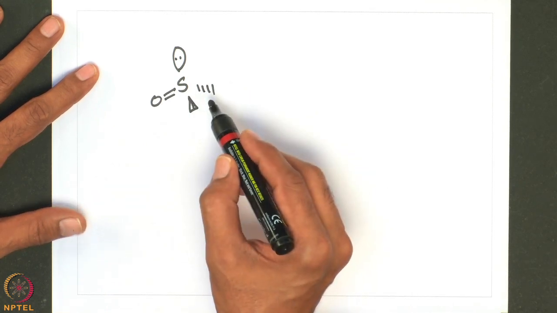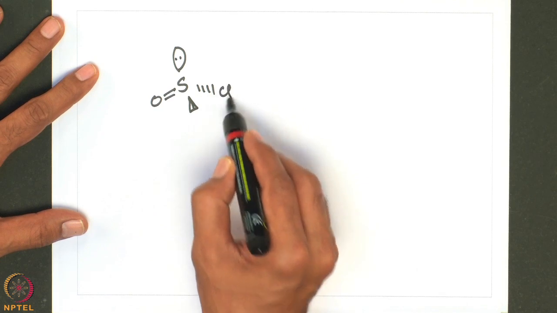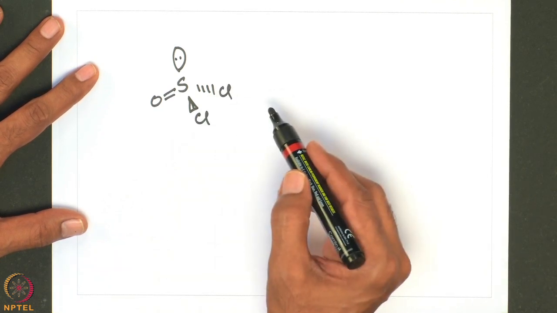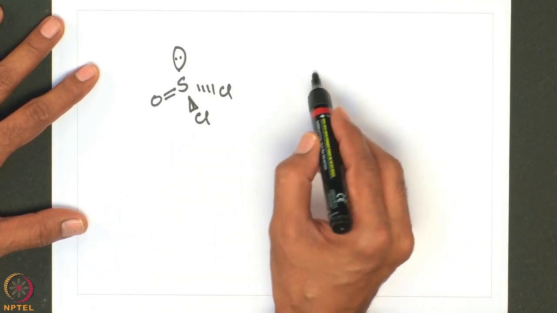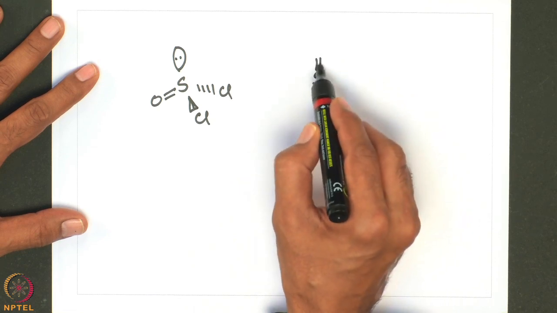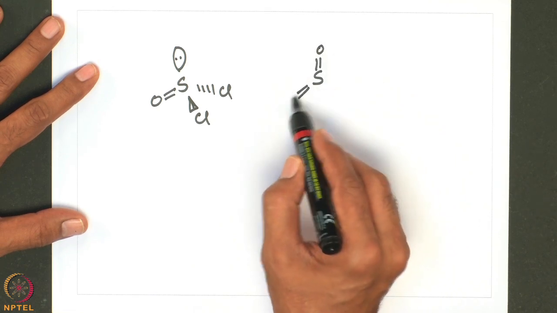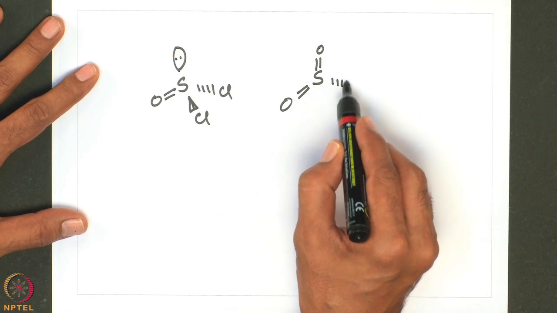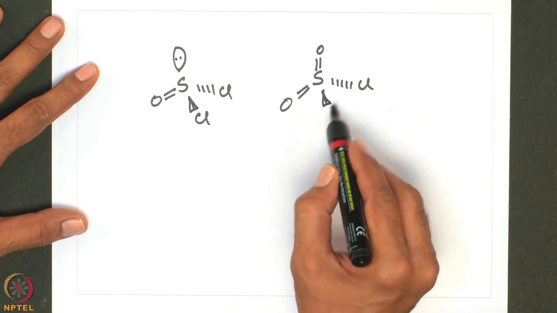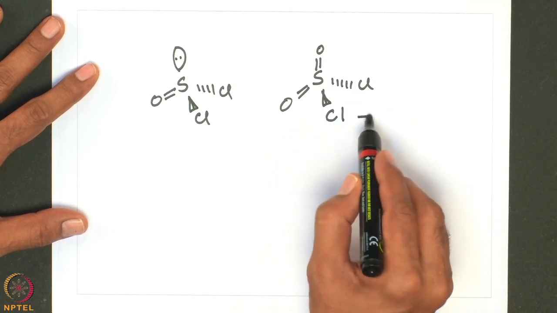So, SOCl2 has a pyramidal structure, trigonal pyramidal structure, whereas SO2Cl2 has tetrahedral structure.